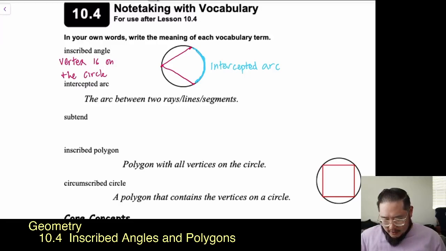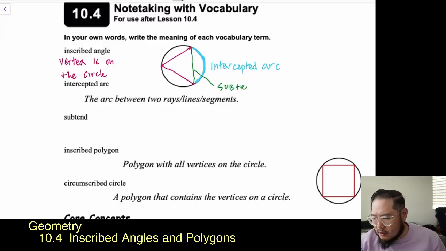Now we'll take a look at subtend. In this diagram, the subtend is going to be the chord that's in between the two endpoints of the ray. So you're going to see it in green. I want to draw a line right there, and that is the subtend.